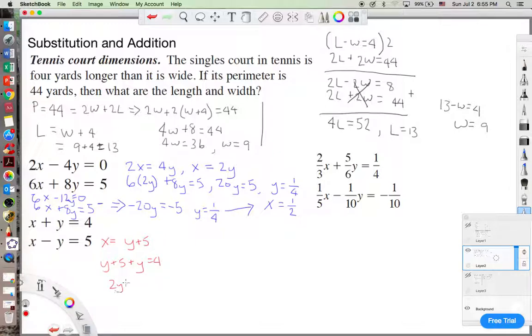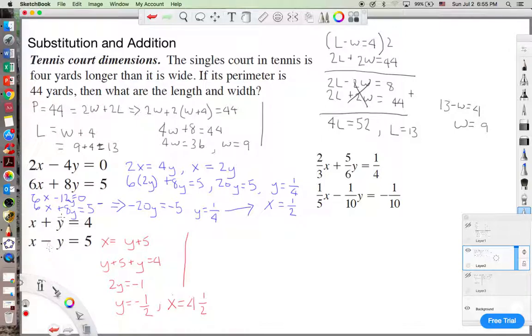And so 2y plus 5 equals 4. 2y equals negative 1. By subtracting that over there, we get y is equal to negative 1/2. Okay, if y equals negative 1/2, then x equals y plus 5, or negative 1/2 plus 5, which equals 4 1/2.